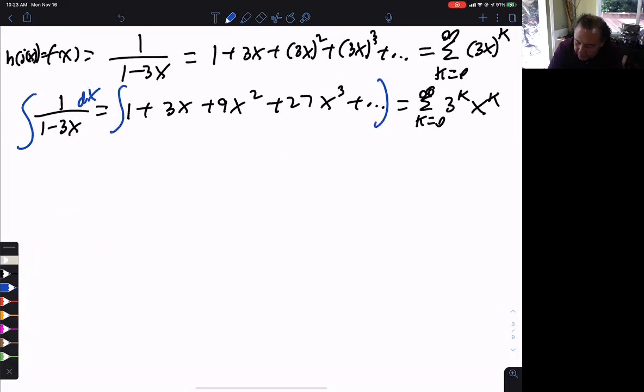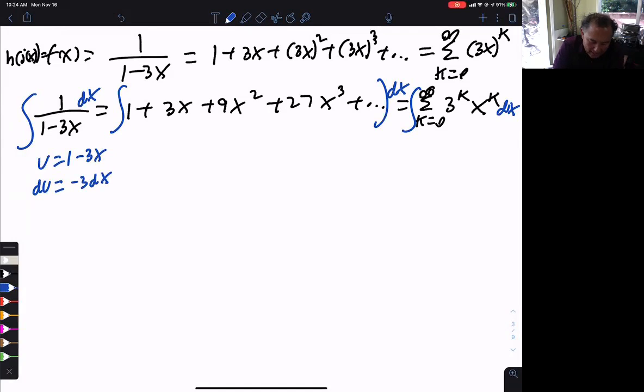Because I learned I'm allowed to integrate both sides of an equation. When I have a Taylor polynomial, it actually works. So I claim u is 1 minus 3x. du will be negative 3 dx, right? Do I have negative 3 dx?